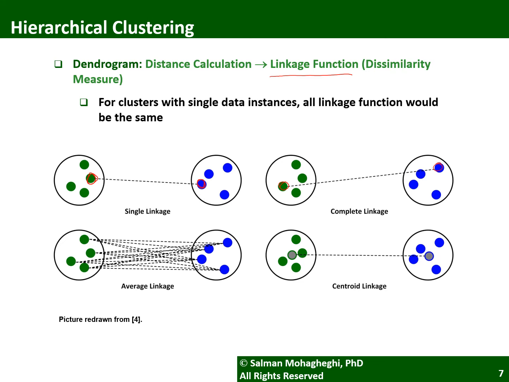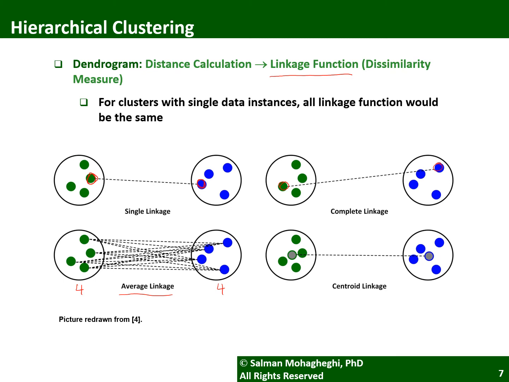We also can measure the average linkage, in which case, as I'm showing it here, you will measure the distance of all the possible pairs between cluster green and cluster blue. You measure all these distances, and then you divide them by the number of distances. So for example, if this guy has 4 data points and this one has 4 data points, you essentially would have to calculate 16 distances between all the points in green and all the points in blue, add them together, divided by 4 times 4, which is 16.